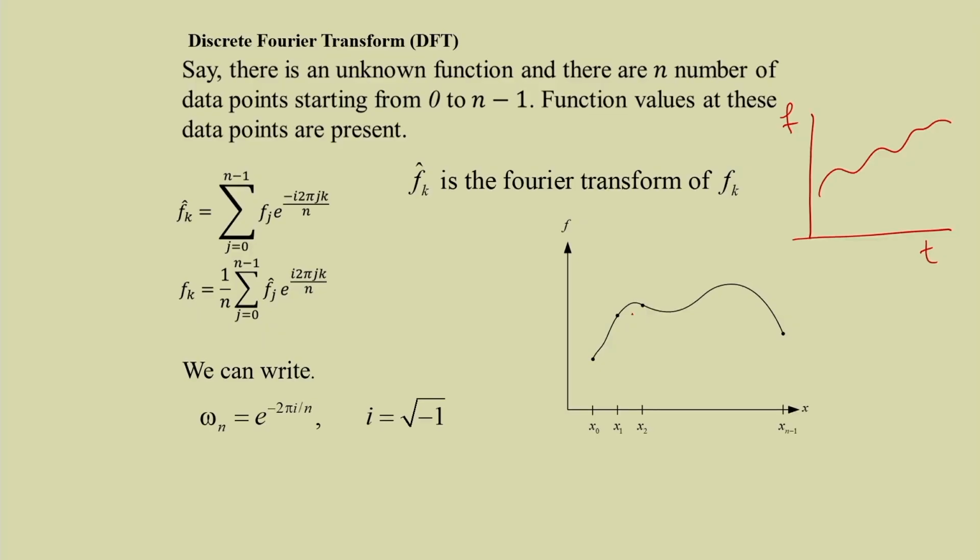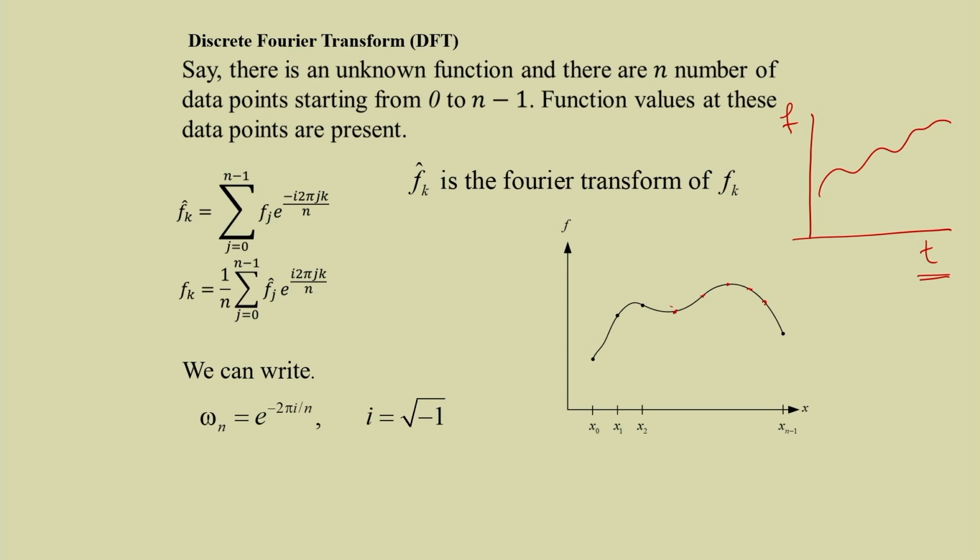For example, these are the discrete points at which we have evaluated the functional value of the system. For example, at x0 this is the value, x1 this is the value, x2 this is the value.